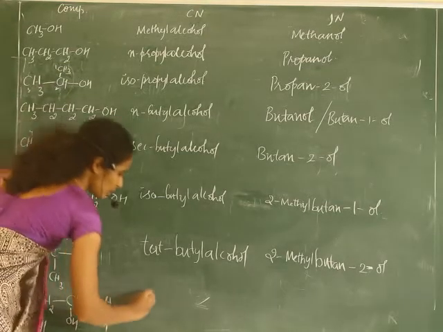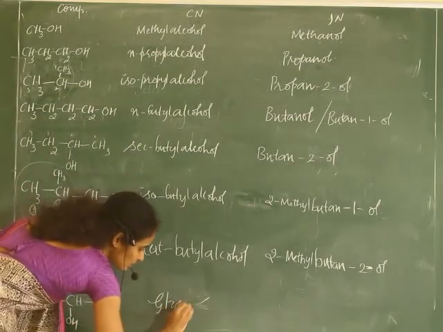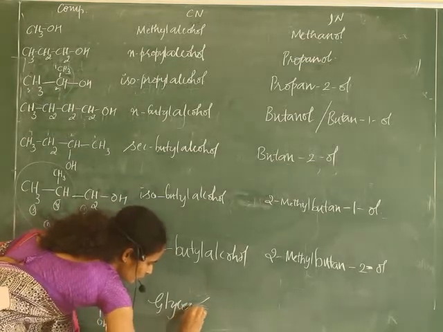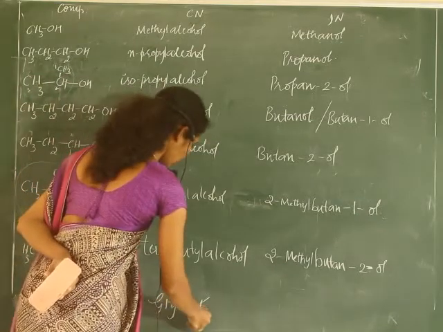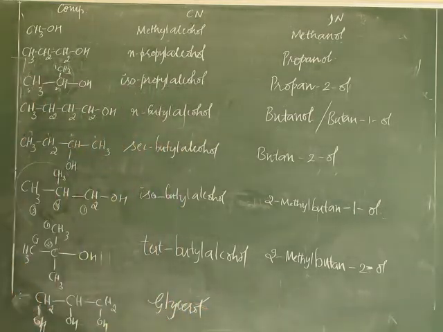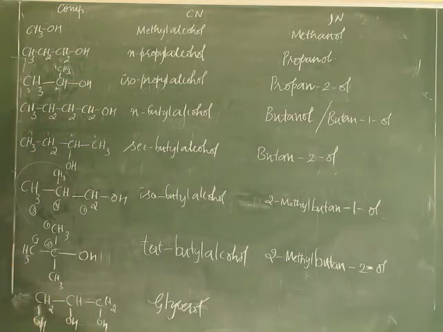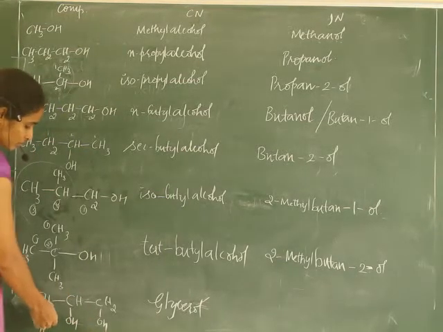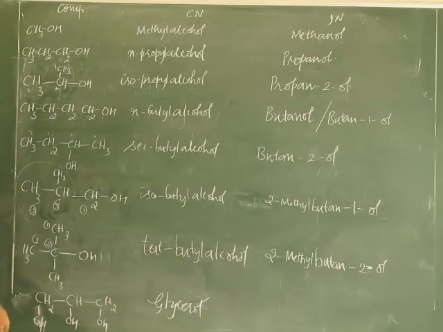The common name of this compound is glycerol. Okay, just remember the structure of glycerol. You are familiar with glycerin and all. It is glycerol. And the IUPAC name of this compound, as I said, in polyhydric compounds. How do we name polyhydric compounds? Polyhydric is nothing but 2 or more hydroxyl groups.